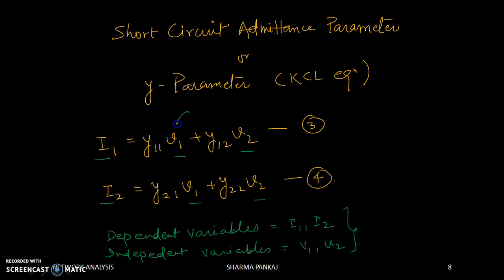That means the value of I1 depends on the values of V1 and V2, and the value of I2 also depends on V1 and V2, the network circuit being the same like this.